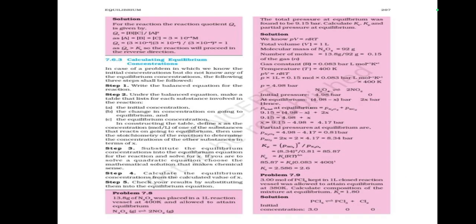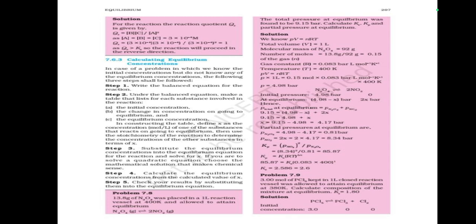Calculating equilibrium concentration. Step 1, write the balanced equation for the reaction. Step 2, under the balanced equation, make a table that lists for each substance involved in the reaction the initial concentration, the change in concentration on going to equilibrium, and the equilibrium concentration.